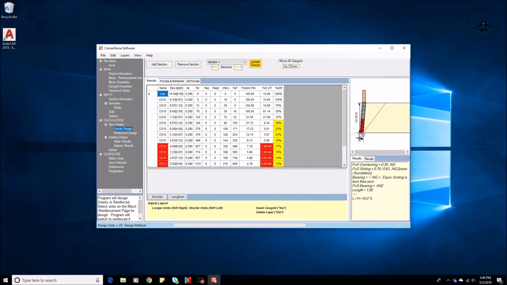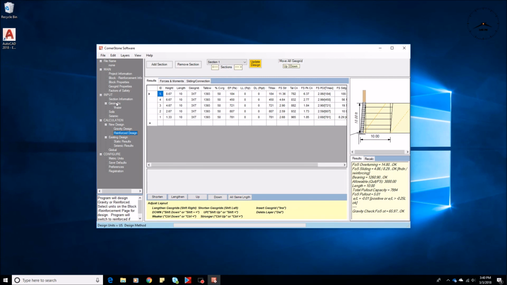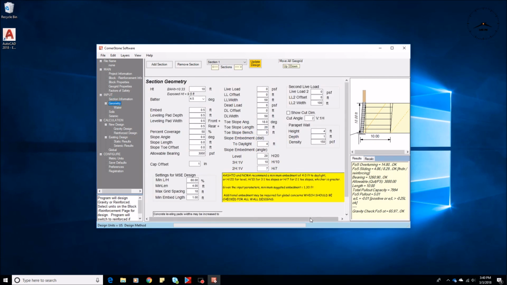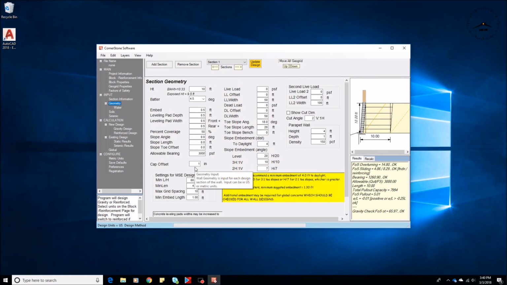So we've got a 6-foot high gravity wall with that on top. Not where you want to go, but that's what it's doing. So that's the parapet input down here. We've already talked about the warning flags, MSE. I think we're good on this page.